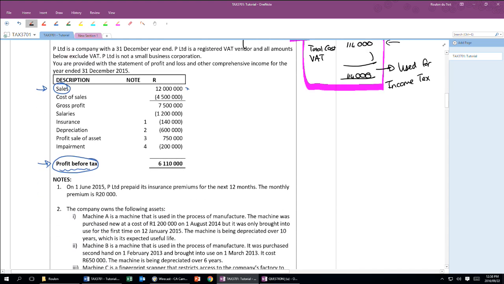So let's continue. So it tells you P Limited is not a small business corporation.